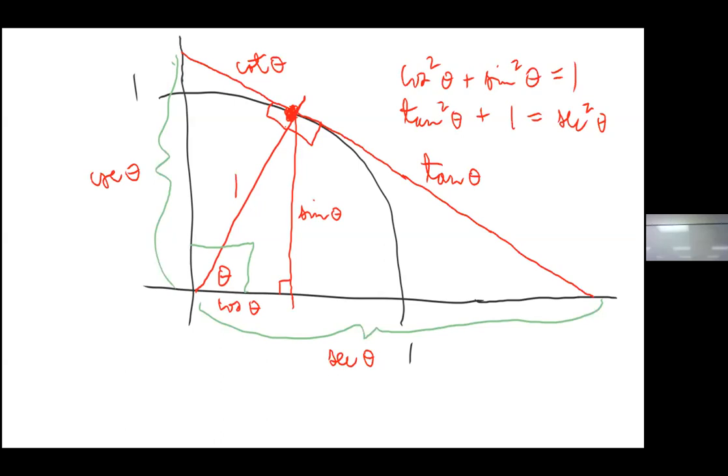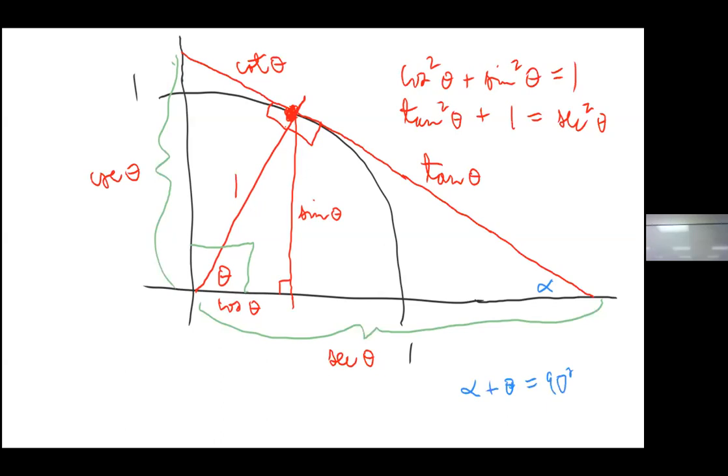For instance, this angle is theta. If that angle is theta, what if I called this angle alpha right here? Then do you see what has to be true about alpha plus theta? Yeah, that's 90 degrees.